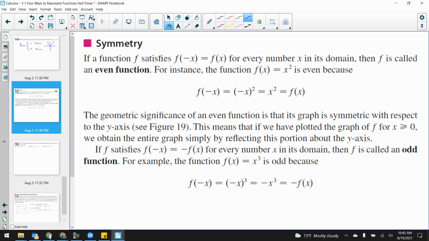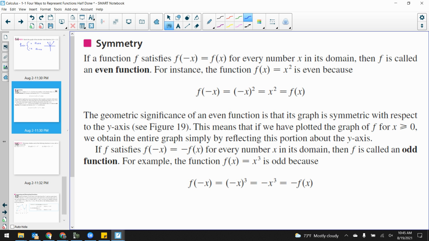For example, f of x equals x squared is even, because if you take x squared and you plug in -x, the negative goes away, because when you square any negative number, it turns back positive. And isn't that the same thing that we started with? Look, f of x is x squared, f of -x is also x squared. That's an even function.